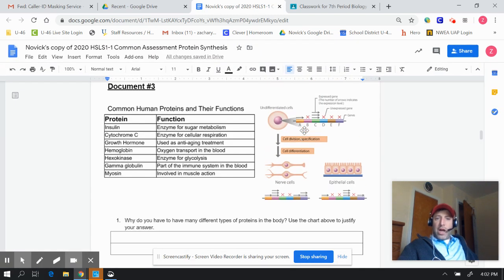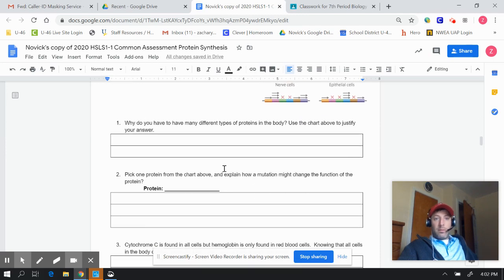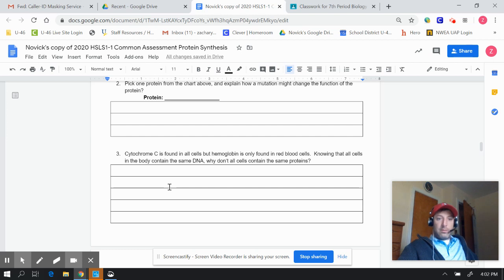So your job is to use everything that you know about DNA, mRNA, amino acids, and proteins to study this diagram and to use this diagram to answer questions 1, 2, and 3.